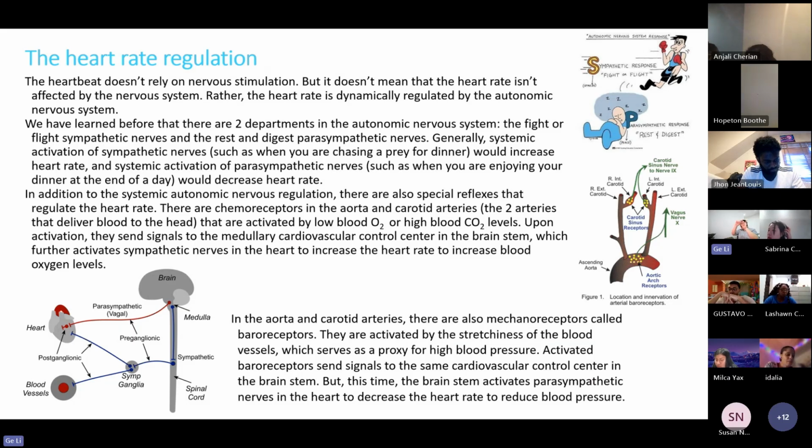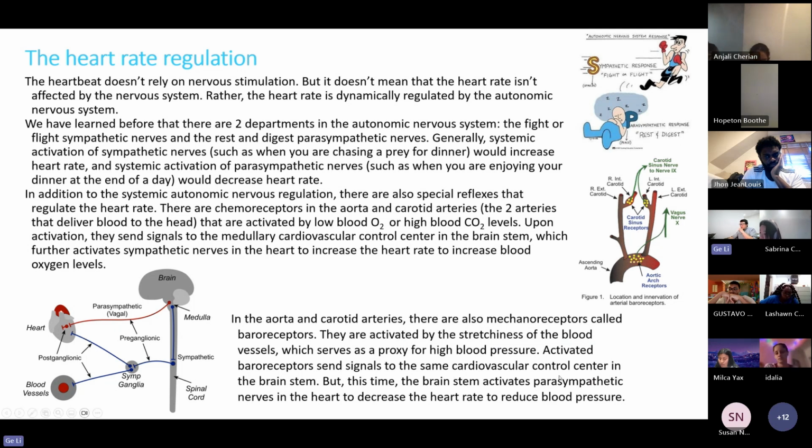Because you have high carbon dioxide, you also have a low pH. So low oxygen, high carbon dioxide, and low pH, all of those can activate the sympathetic nervous system. And where do we sense the oxygen level?